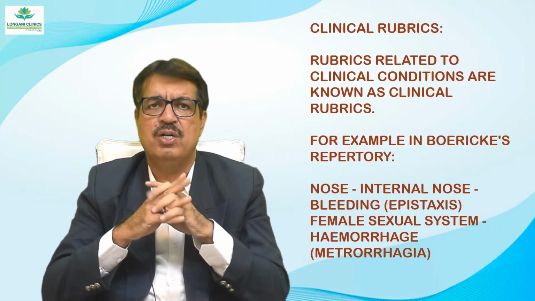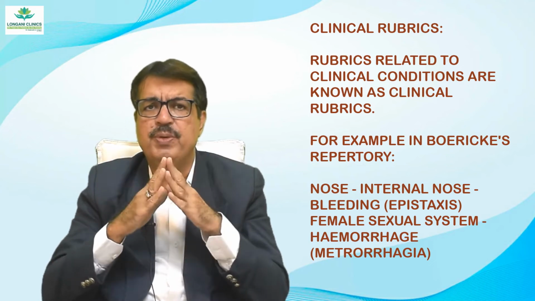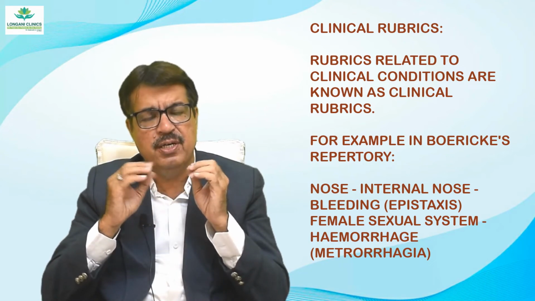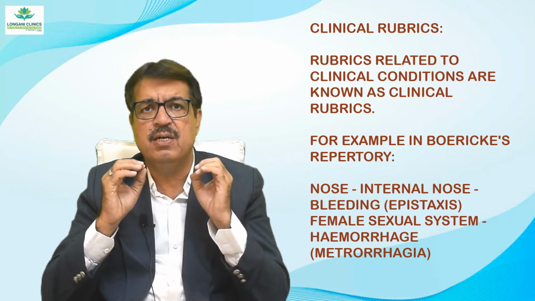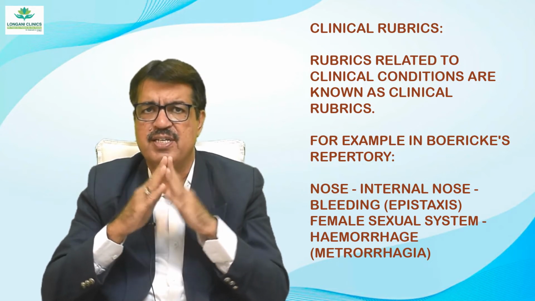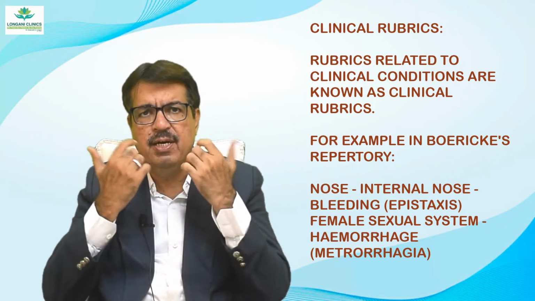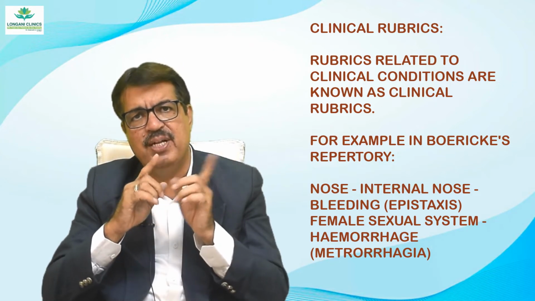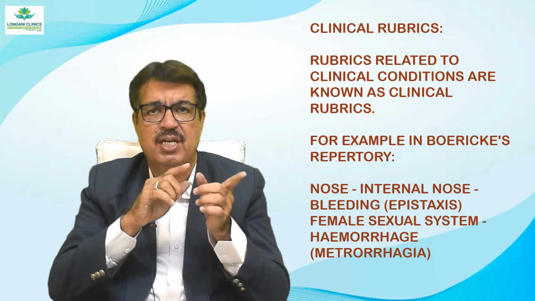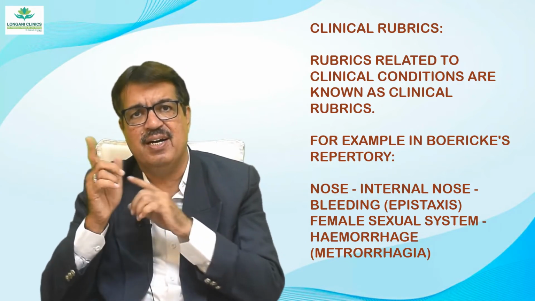Now we will see what we mean by clinical rubrics. The rubrics related to clinical conditions are called clinical rubrics. For example: nose, internal nose, bleeding, epistaxis; then female sexual system, hemorrhage or metrorrhagia; nervous system, sciatica.